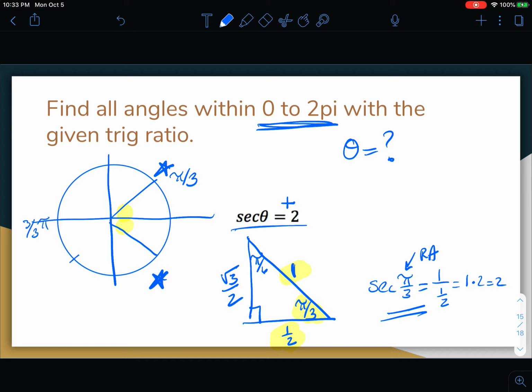This is 3/3 pi, 4/3, 5/3 pi. So what you've done is you found the two angle measures that would work. Theta is pi over 3 and 5/3 pi. When you plug those values into the secant function, you will get a positive 2.